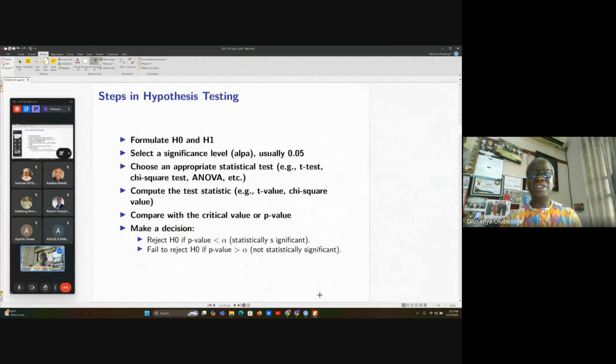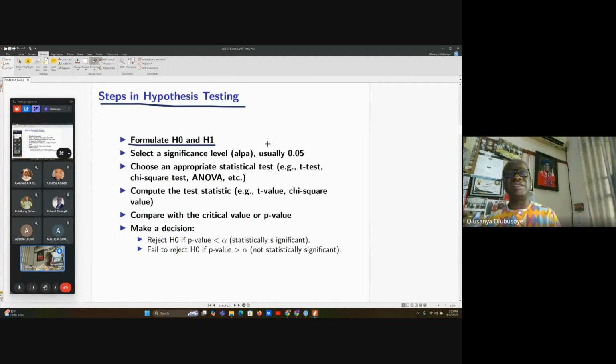So that takes us to the steps that we need to follow whenever we are testing hypotheses. What is the first step? What is the second step? What is the third step? The starting point is the formulation of the hypothesis. So when you are formulating a statistical hypothesis, you need to state what the null is.